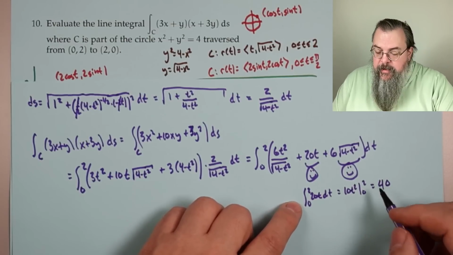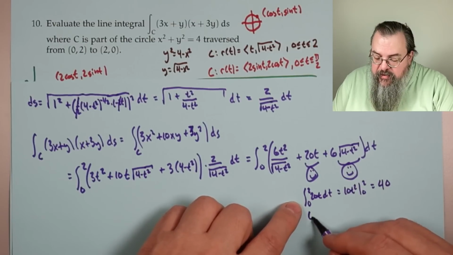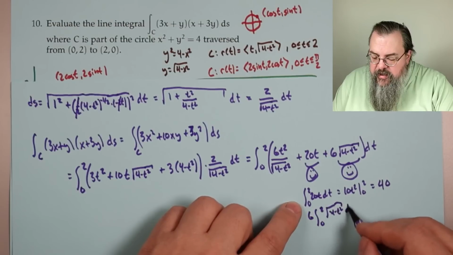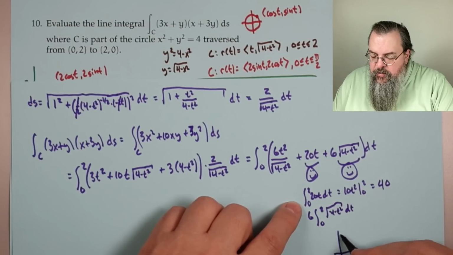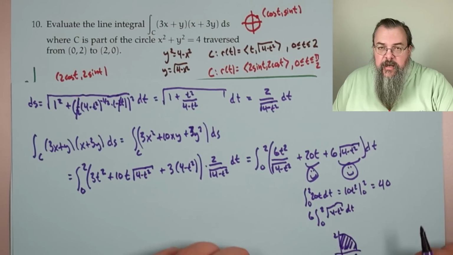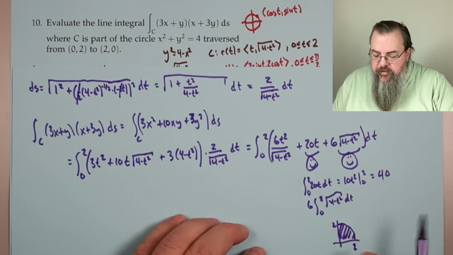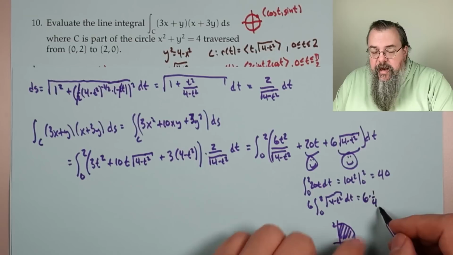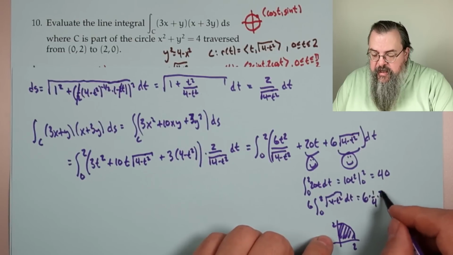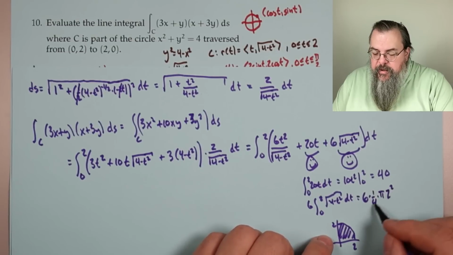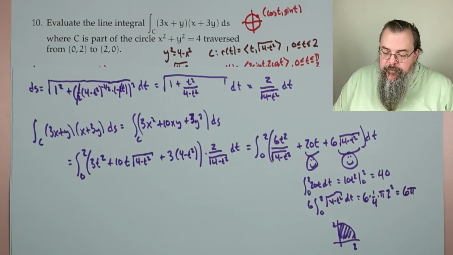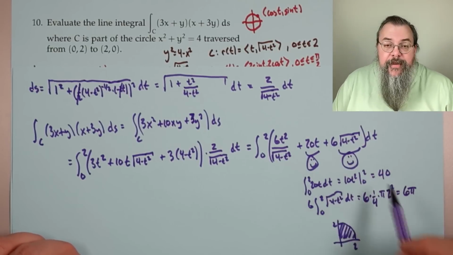This part, we get 6 times the integral from 0 to 2 of the square root of 4 minus t squared dt, and if we think about what's going on, that's 1/4 of a circle of radius 2. And so we get 6 times 1/4 of the area of a circle of radius 2, which is pi r squared. Well, the 4 and the 2 squared cancel, and we're getting 6 pi. So we get 40 from there, and we have 6 pi from there.